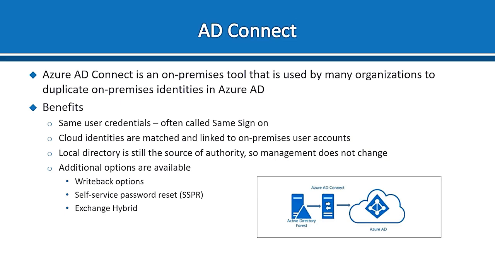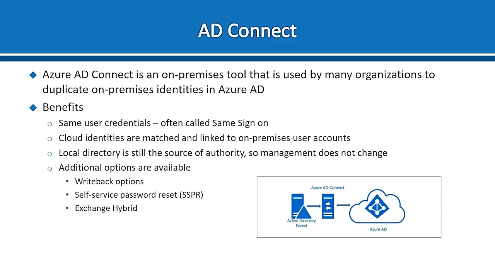There are some additional options, write-back options. Predominantly, that's the password write-back option, although there are group write-backs, things like that. Password write-back is kind of the biggest one because if you turn on self-service password reset and you allow users to modify their password in Azure AD, well, then all of a sudden it would be out of sync.